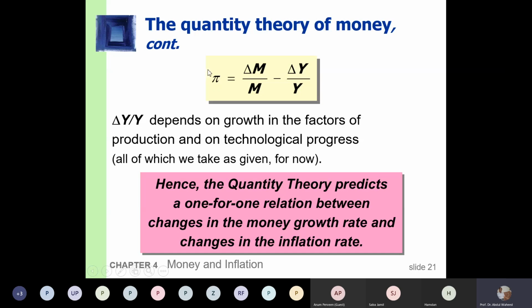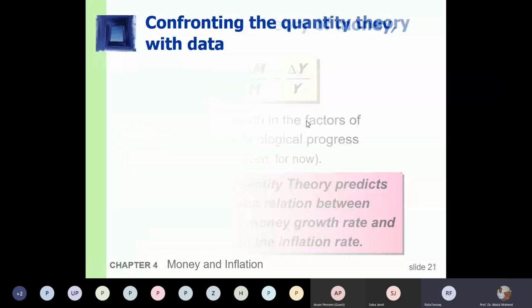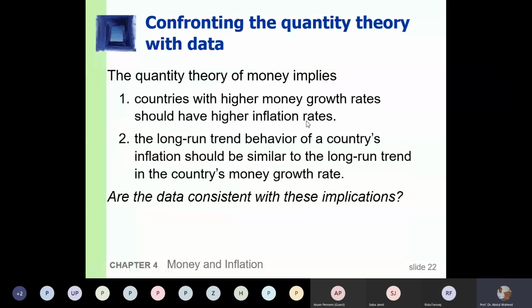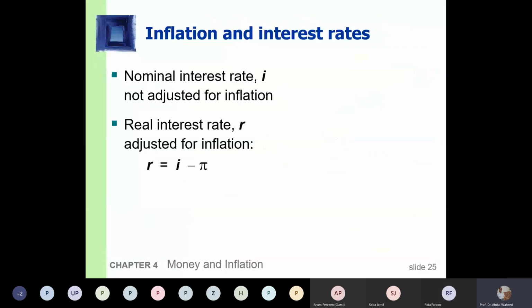Yes, any answer? अगर ये कम हो रहा है 1% रियल आउटपुट ग्रोथ रेट, तो इन्फ्लेशन रेट 1% बढ़ रहा है, उसको काउंटर करने के लिए हमें क्या करना चाहिए? मनी सप्लाई कम कर देंगे. Yes. Okay, so we have to reduce the money supply.